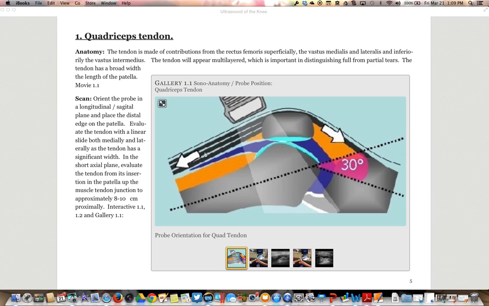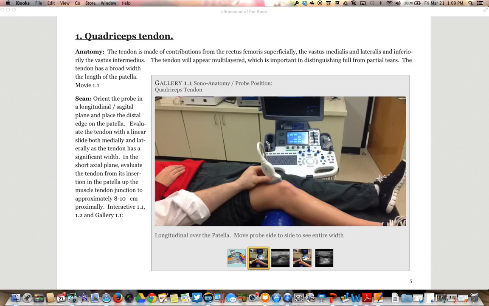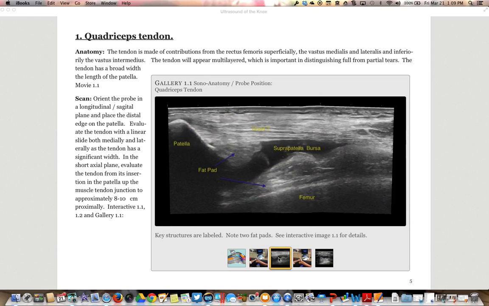Let's look at some pictures here. Probe position here with 30 degrees of knee flexion. On a patient, it would look something like this. And this is what we would see: the patella, quadriceps tendon, suprapatellar bursa, the hyperechoic femur, and the fat pad sitting below and above.